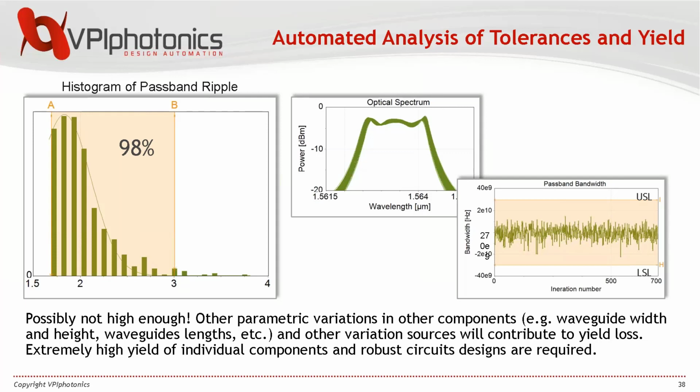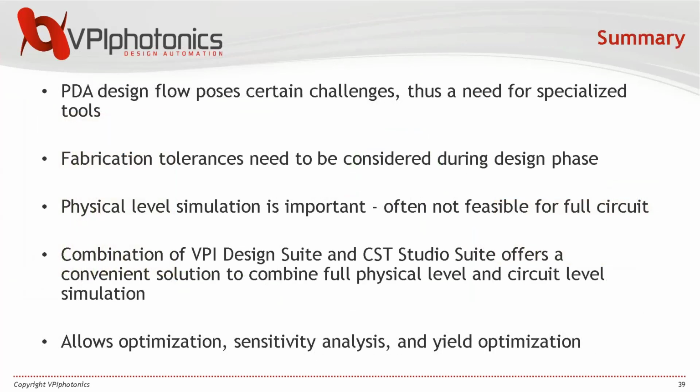For a 3 decibel limit, yield is 98%, which looks good, but in reality possibly is not high enough, because we didn't take into account other process variations and other sources of variations. So probably we really need to change something to make our circuit more robust to this kind of variations.